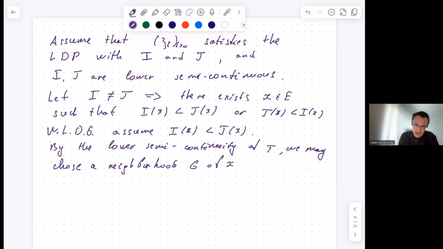That means that x belongs to G and G is open, such that the infimum over the closure of G of J is larger than I of x.